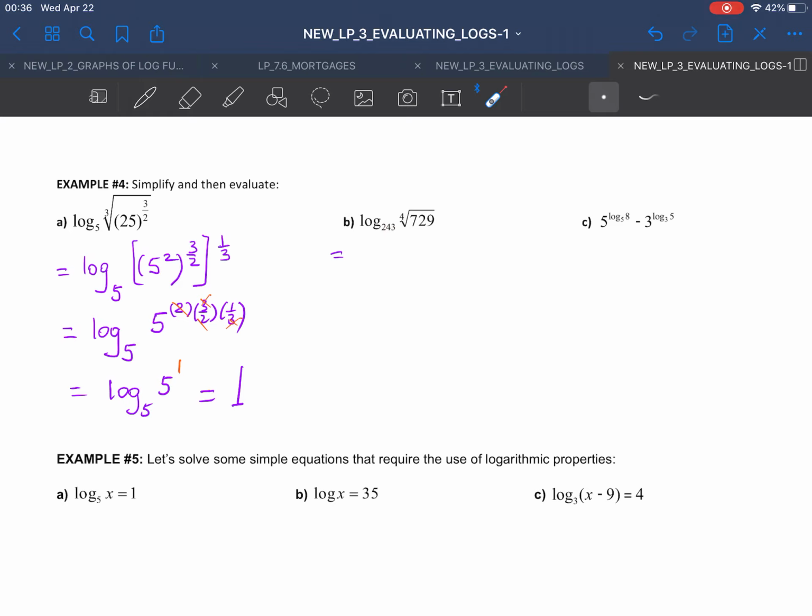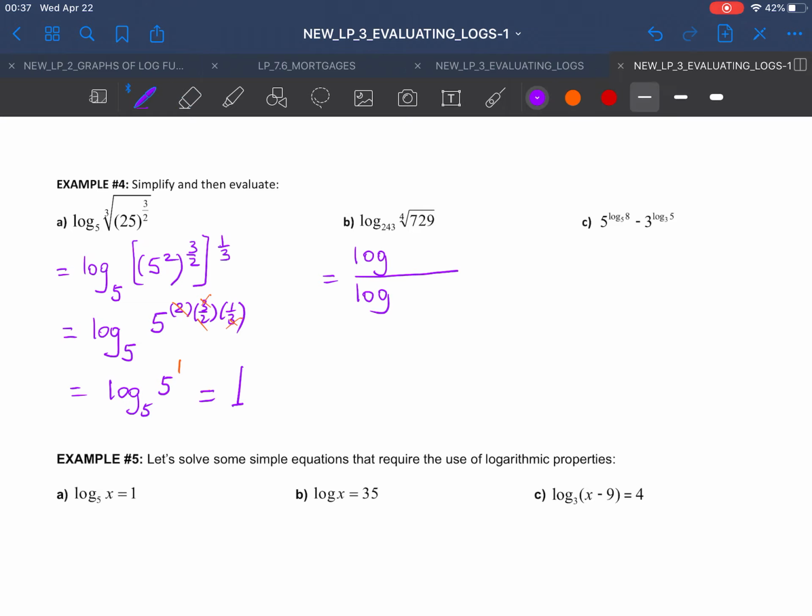Both bases have to change. Here, one of the bases had to change. So we're going to rewrite this as log. I'm going to take care of the base a little later. Just going to write here log over log. That's how much I know for now.